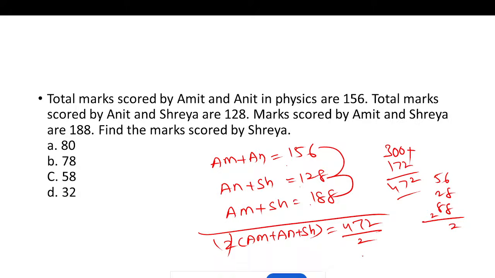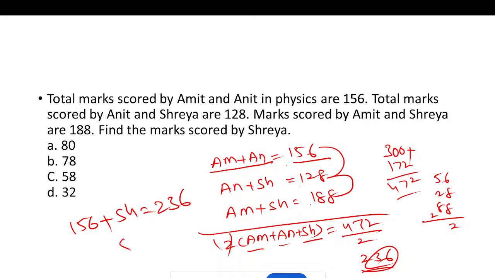Divided by 2, Amit plus Anit plus Shreya is 236. In this, Amit plus Anit we already know is 156. So 156 plus Shreya is equal to 236. Shreya's value is 236 minus 156, which is 80. What is the answer? 80.